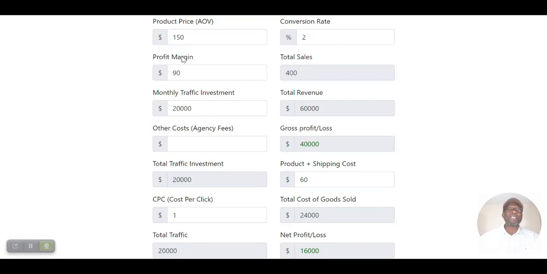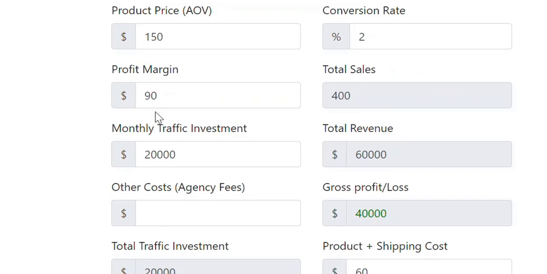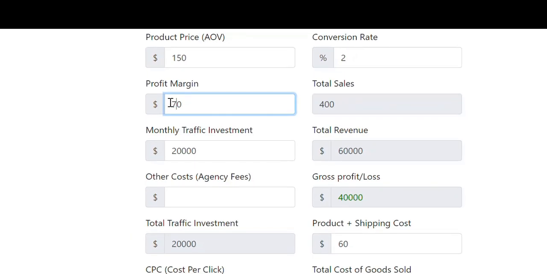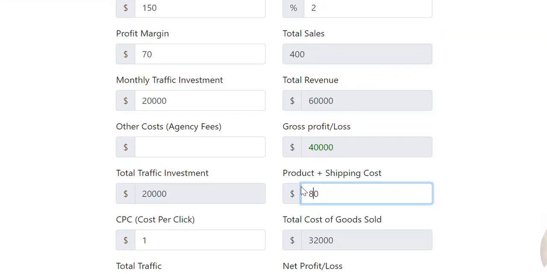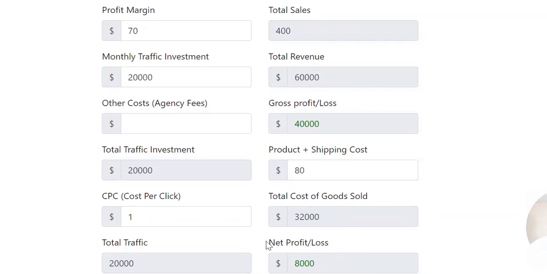Let's say you might argue to say, well, $150, they may not be making $90 profit. Let's reduce their profit to say $70, and the product cost to $80. So they are still in profit with $8,000.